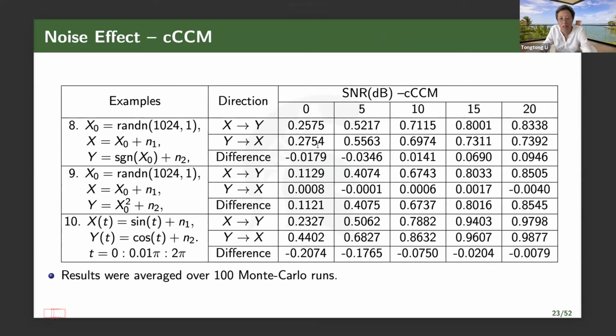We can see that when the SNR increases, from 0 dB to 5 dB, CCM values will get larger. So when there is noise, it may decrease the CCM value.